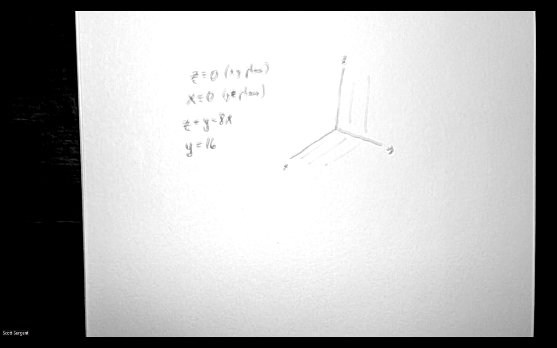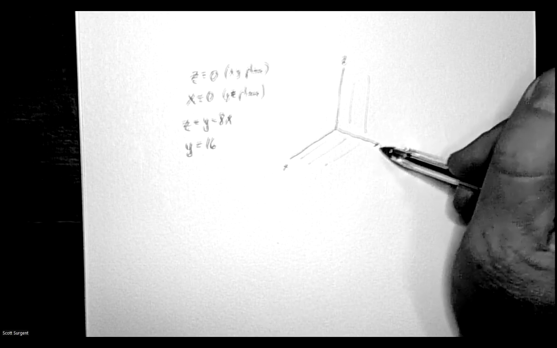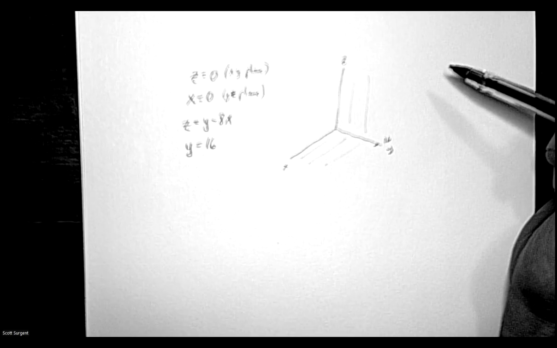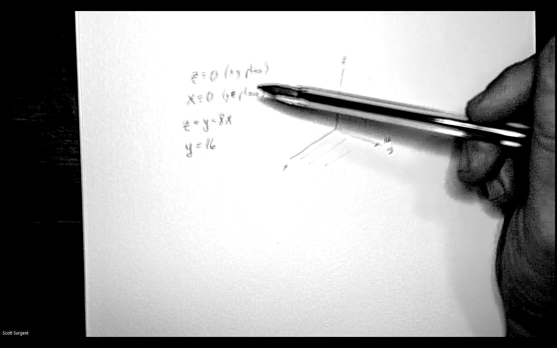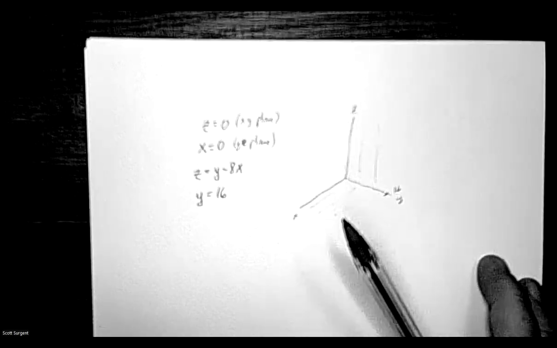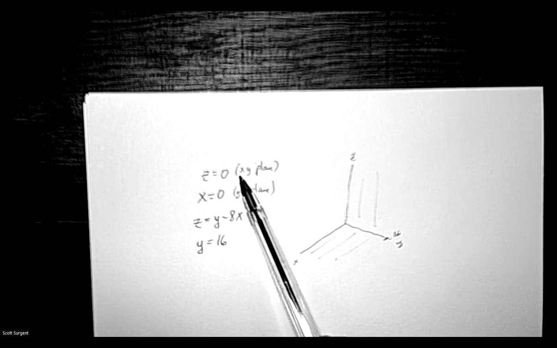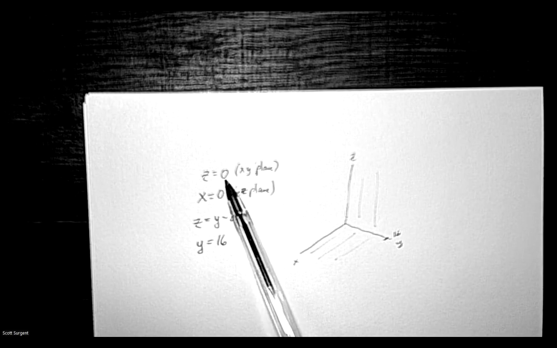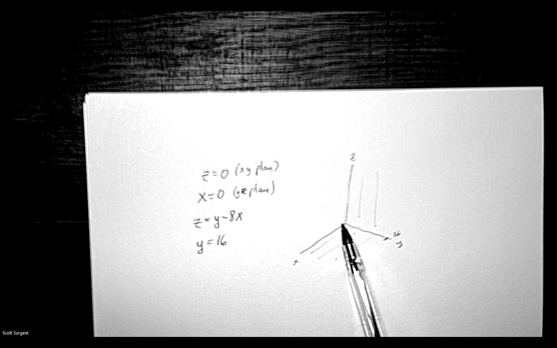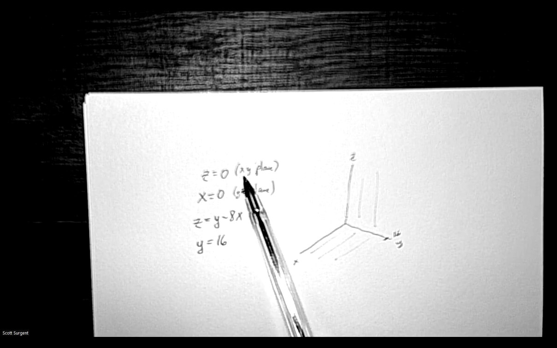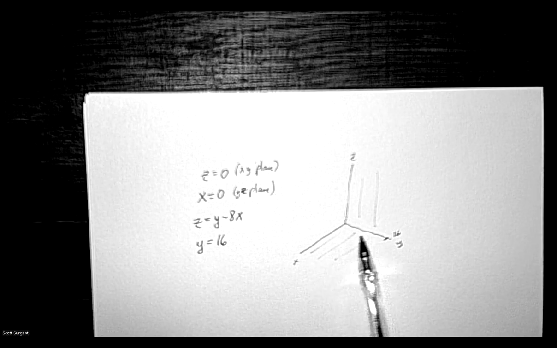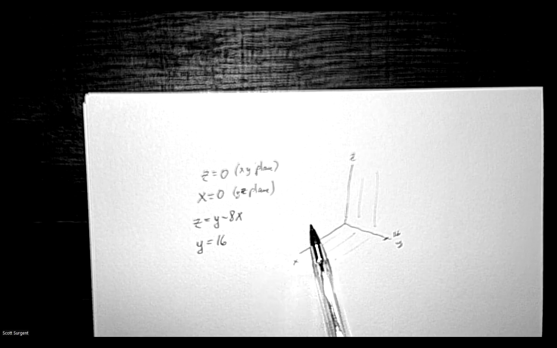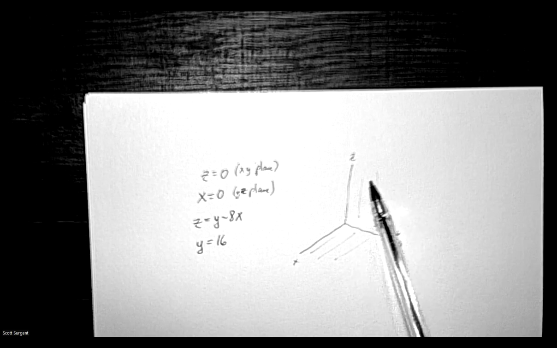Why are those on those specific planes? Every point that has zero as a z coordinate, so all the points in the xy plane are really just x, y, zero. And these points are zero, y, z.